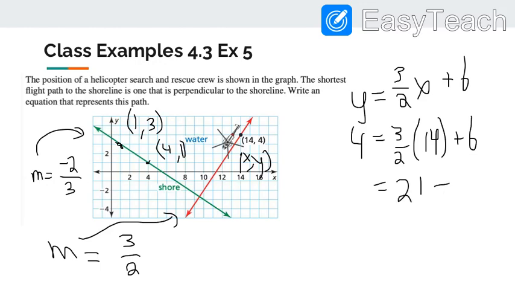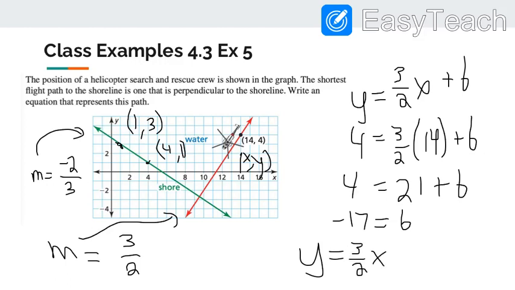You can always check in a calc if you're like, Mr. M, how'd you figure that out so fast? And then we subtract the 21, so we'd be left with b is equal to negative 17. Therefore, our new equation for the red line is y equals 3/2 x minus 17.